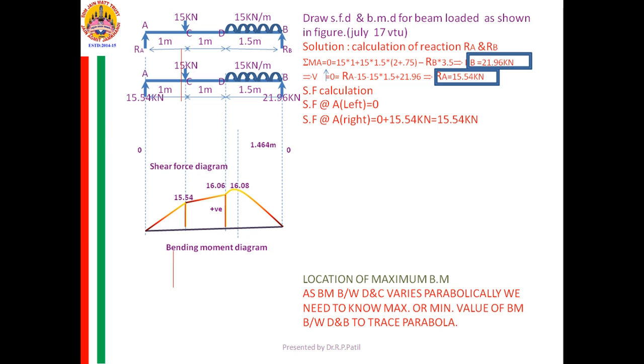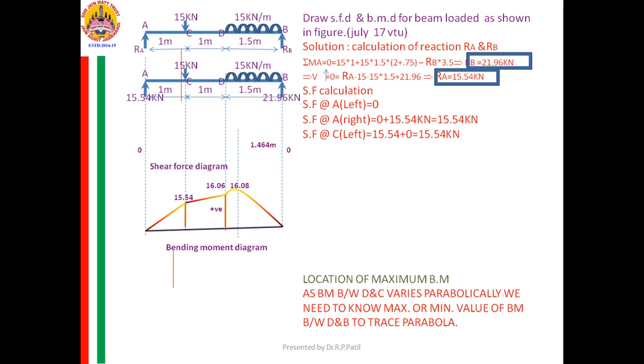So I am writing it like this. SF at C left is equal to 15.54 plus, what is it, till the right of A, and between right of A and C no additional vertical force, therefore plus 0, and final answer is 15.54 kilonewton.